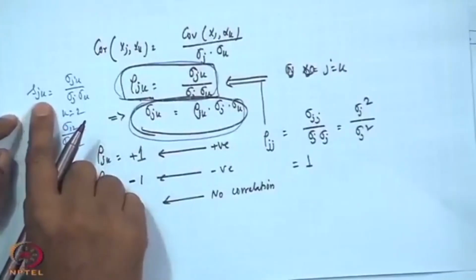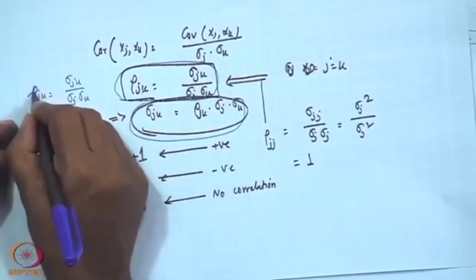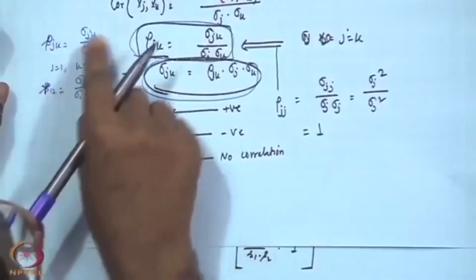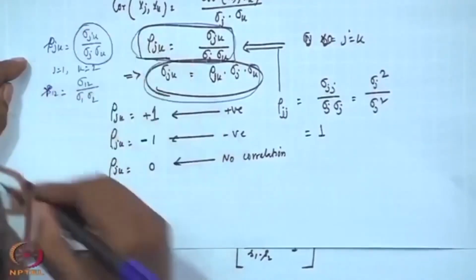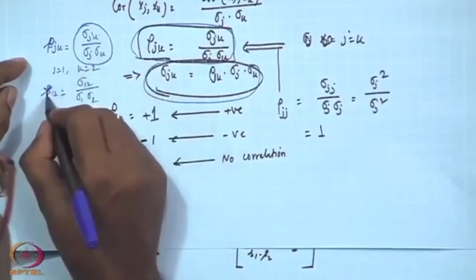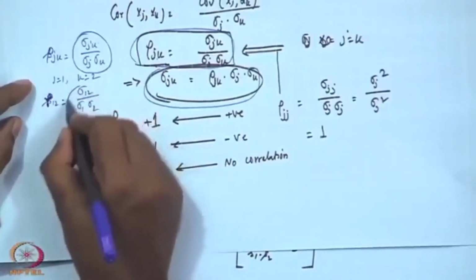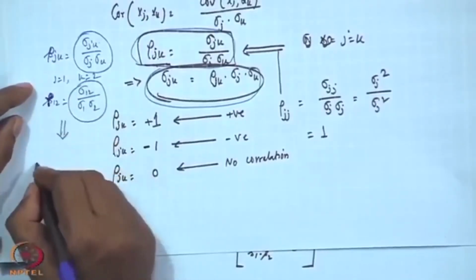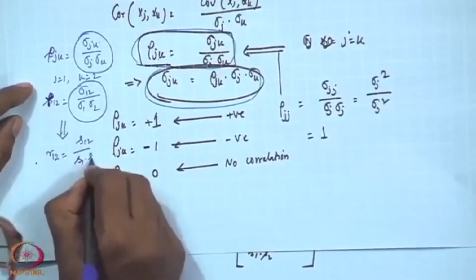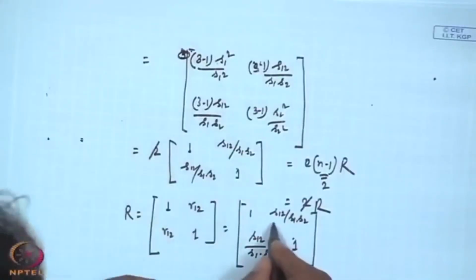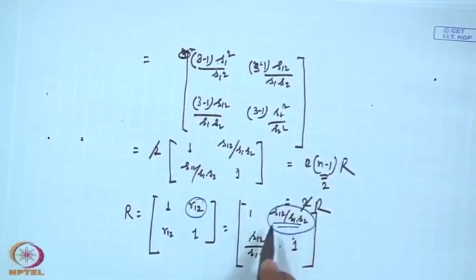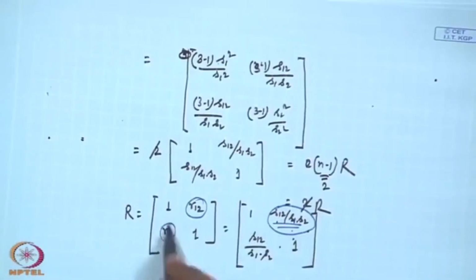This is not s jk, this is basically rho jk, then this will be your r jk. Rho jk is basically replaced by sigma, and then it will be like this. Now, in the sample domain, your r12 will be s12 by s1 into s2. That is why this r12 is the covariance s12 divided by their corresponding standard deviations.